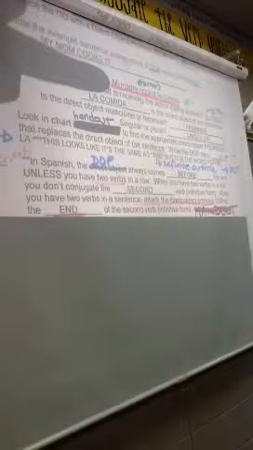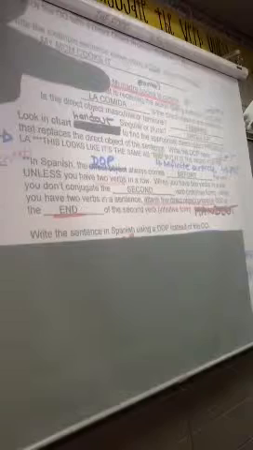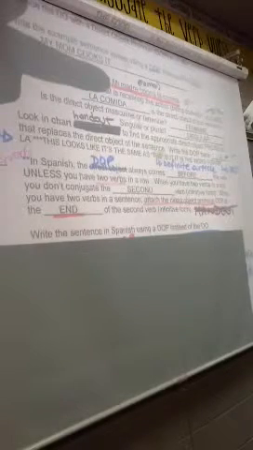So how would we rewrite mi madre cocina la comida with she cooks it? Let me finish this example, then I'll answer your question. My mom cooks it. We replace la comida with la. Where do we put it? Mi madre cocina la. Put it before the verb. So you technically don't even need to say your subject again.